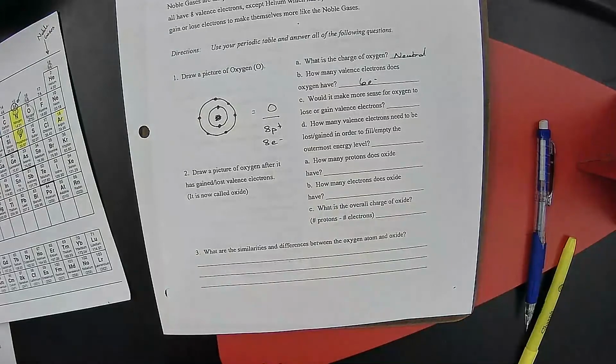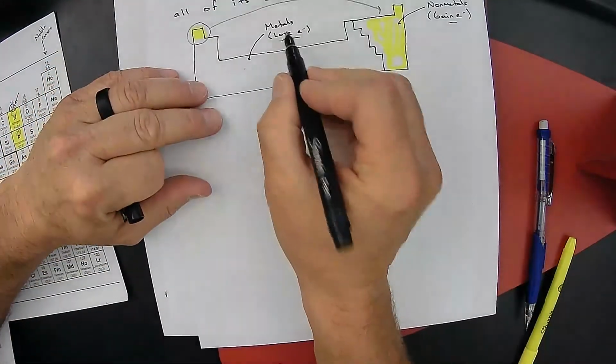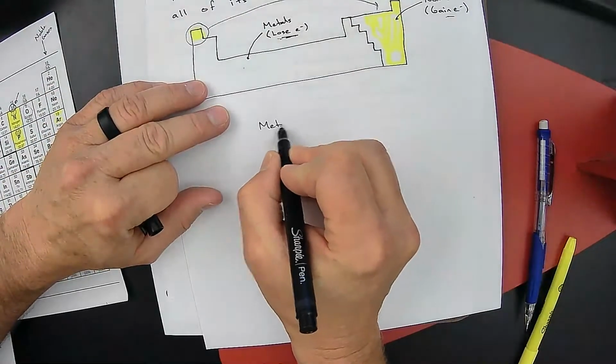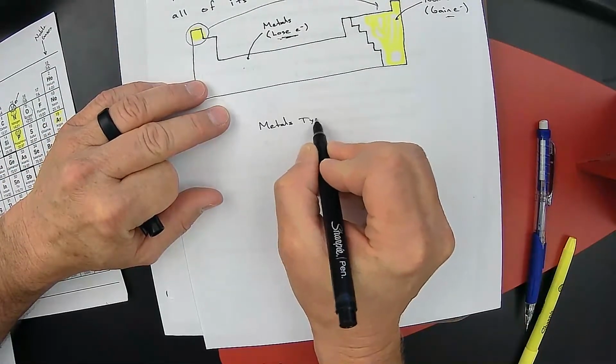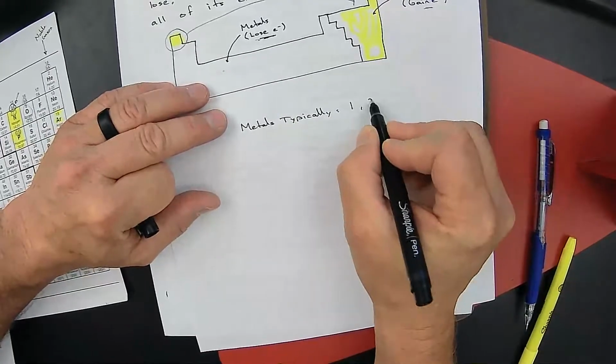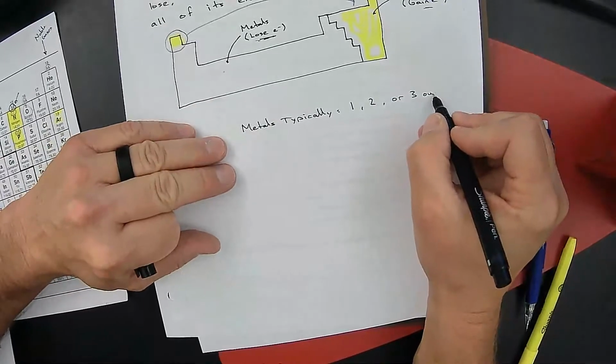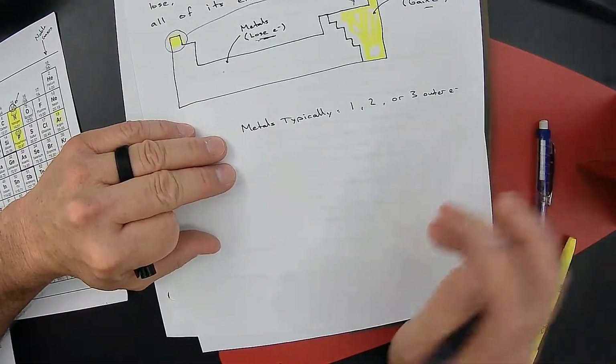In the last lecture I talked about how metals typically have 1, 2, or 3 outer electrons.